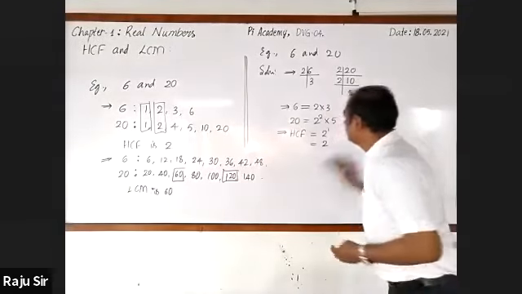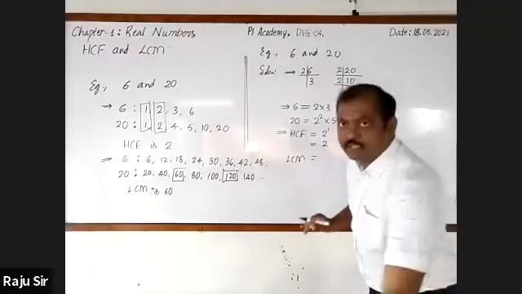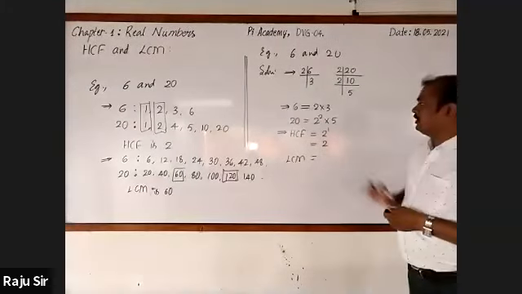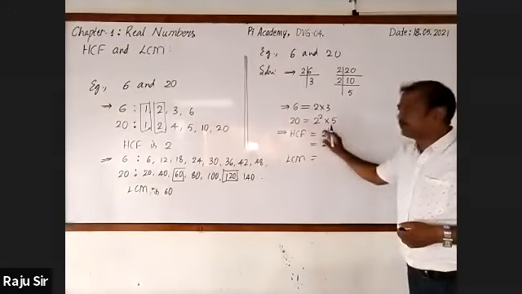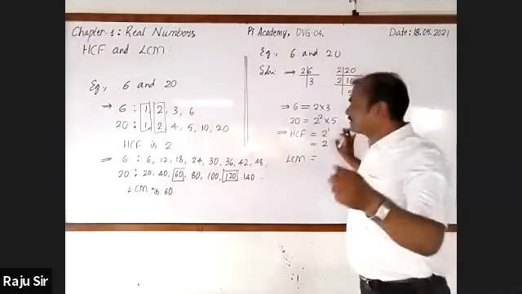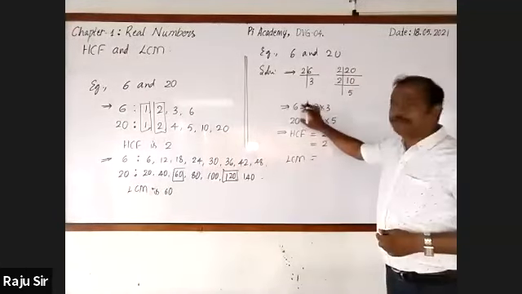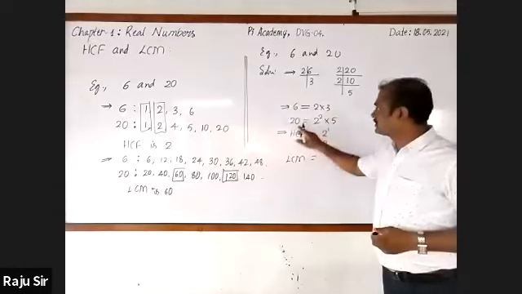Next, let us find out LCM. In case of LCM, we will go for taking all the factors. Listen carefully. In case of LCM, we will take all the factors of both 6 and 20.